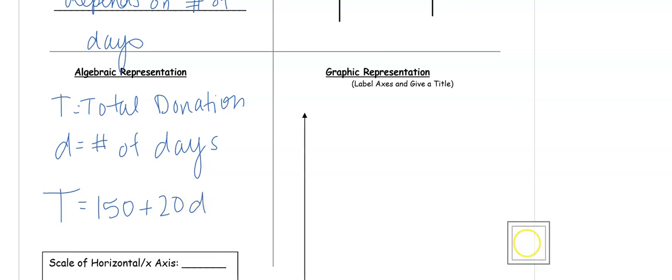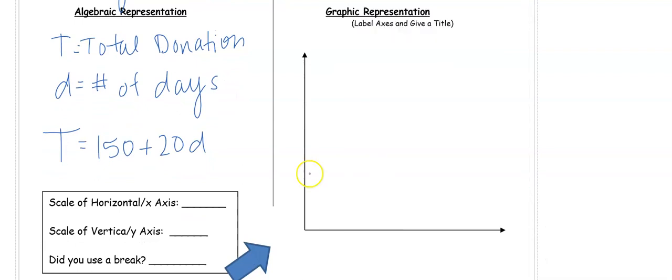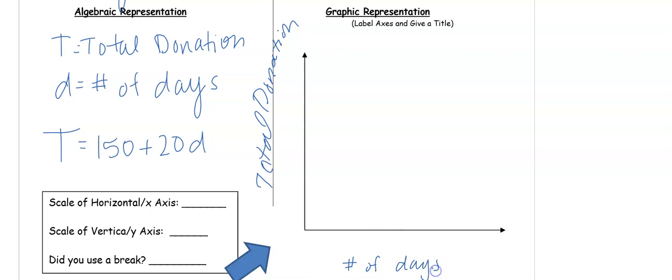Okay, so in order to graph this, we would say this is our total donation, and this is our number of days, and this is our animal shelter donation.